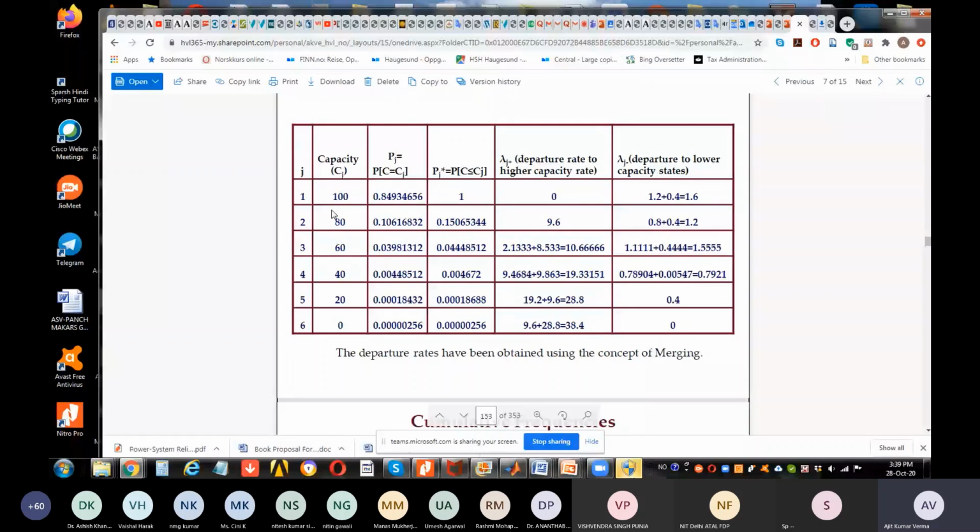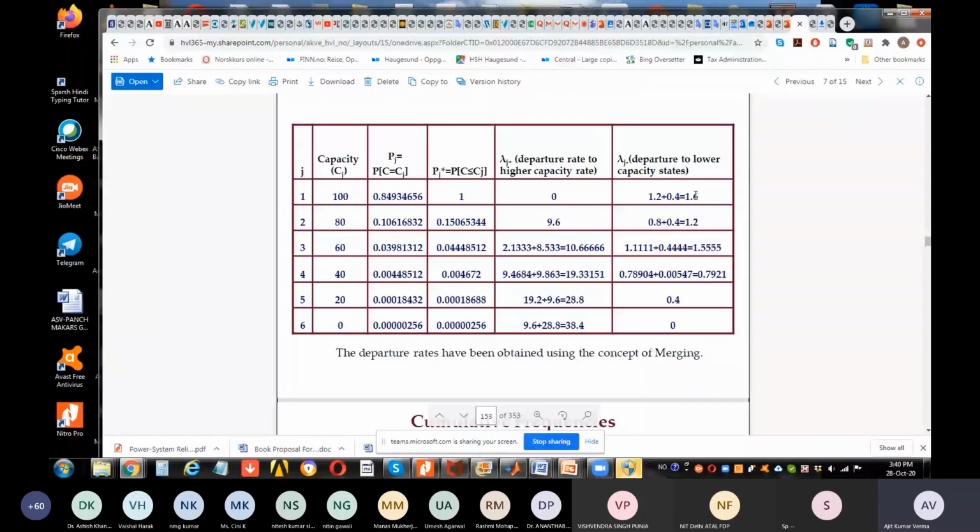So you refer back to those transition rates where we found 100 to 80, 80 to 100, 100 to 60, 60 to 100. So when you are referring to departure to lower capacity state than 100, you look at 2 possibilities, 100 to 80 and 100 to 60. So you find these 2 departure rates and you sum them up. Departure to lower capacity state becomes 1.6.